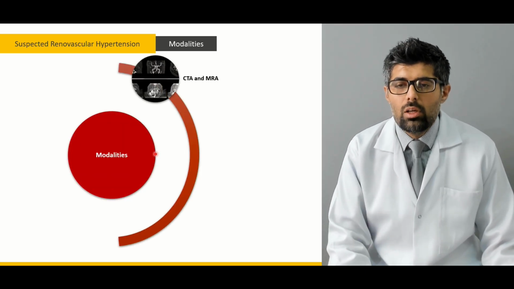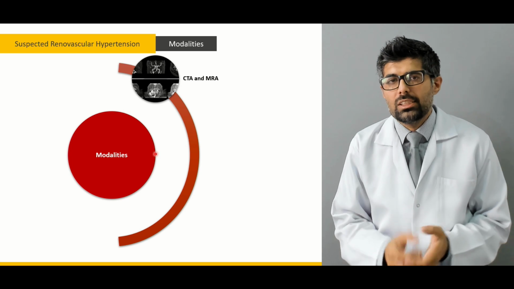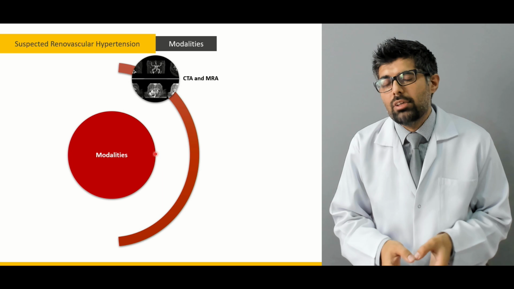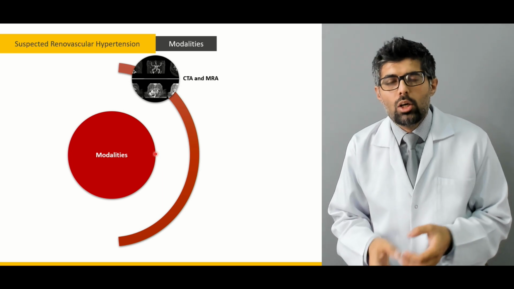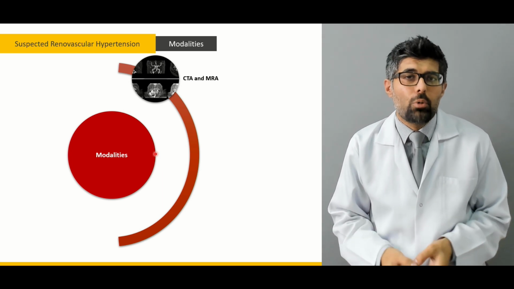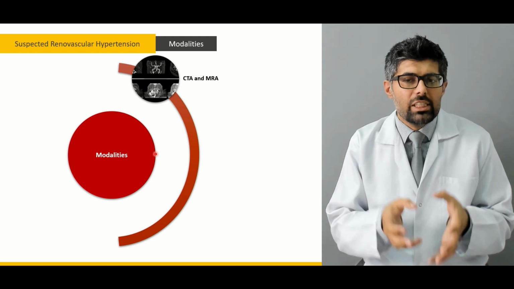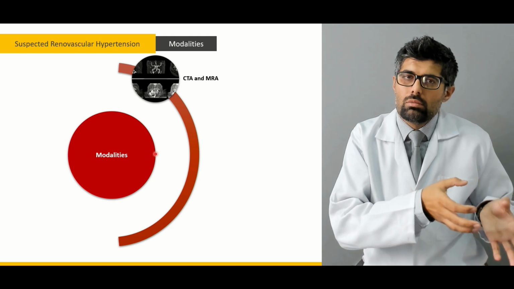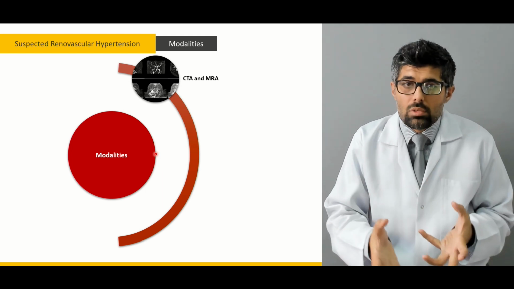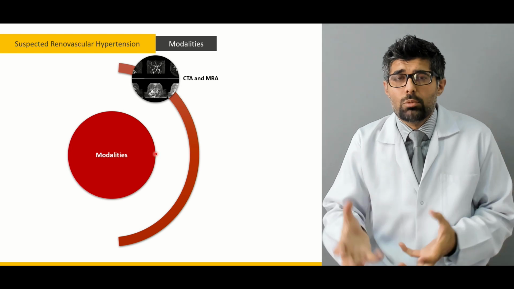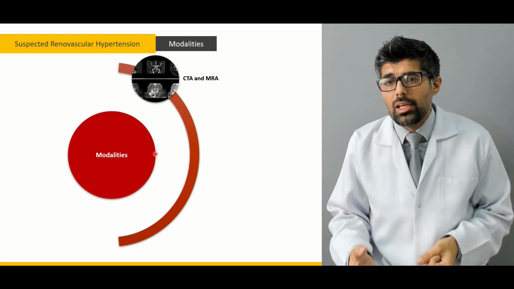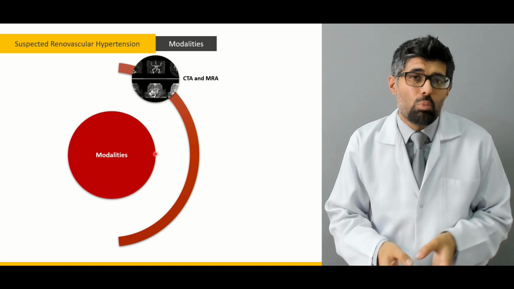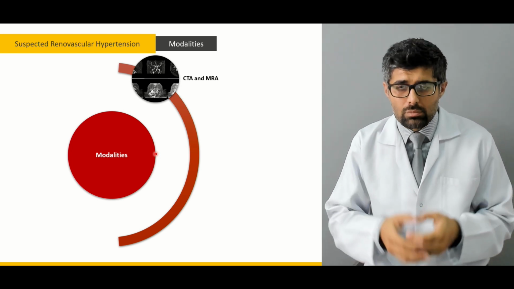this. Now, the first one of those is a CT angiogram or an MR, magnetic resonance angiogram. Both of these are important because CTA is performed in patients with some kind of advanced renal failure, and MRA is performed in patients with mild to moderate renal failure.